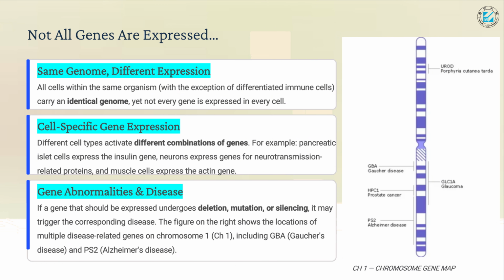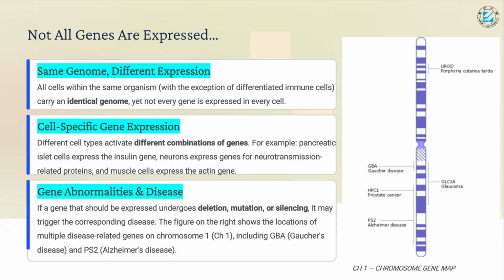Each chromosome carries many genes, and each gene is located at a specific position. This brings us to the concept of allele. An allele is a different version of a gene located at the corresponding position on homologous chromosomes. These alleles control the same trait. Alleles can be dominant or recessive.